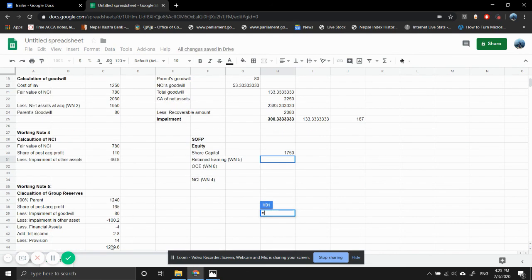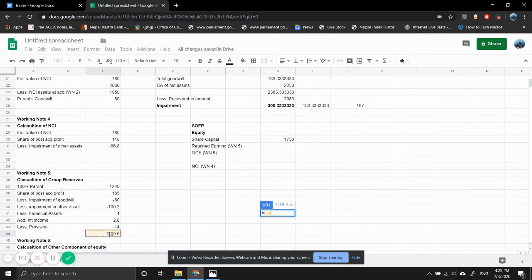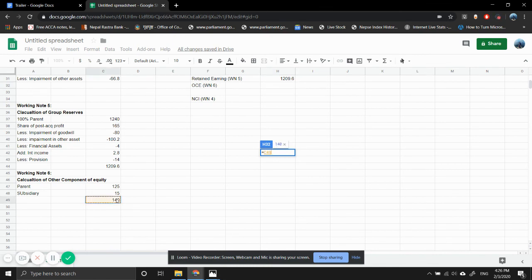So this will be this figure, that's the total, and then other component of equity will be our total figure from here, and then our NCI will be the figure from here, right? So let's calculate that figure as well.